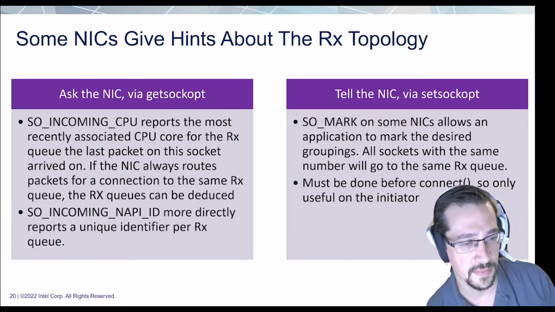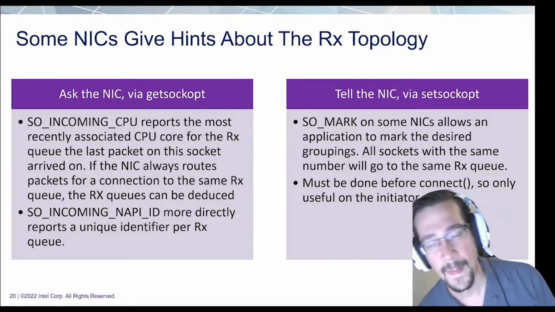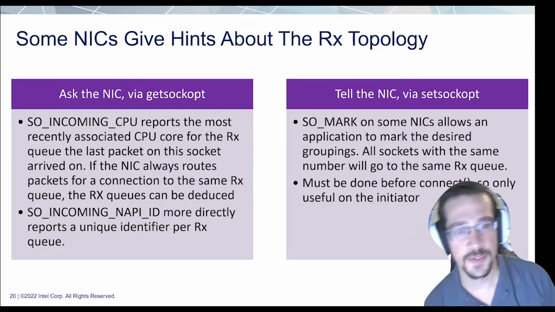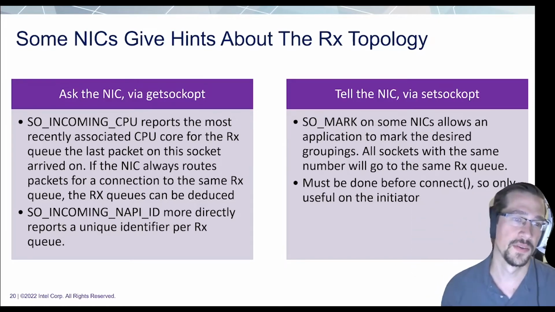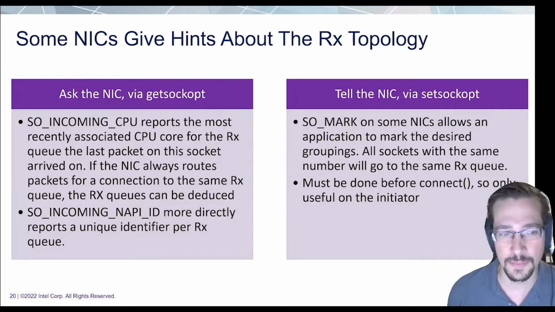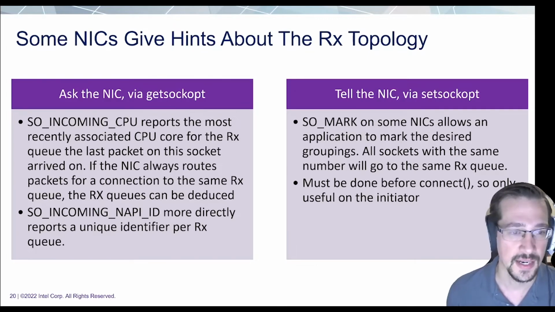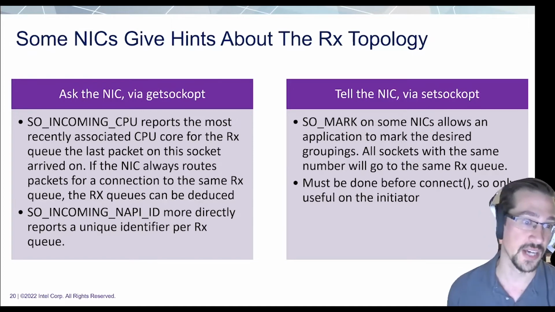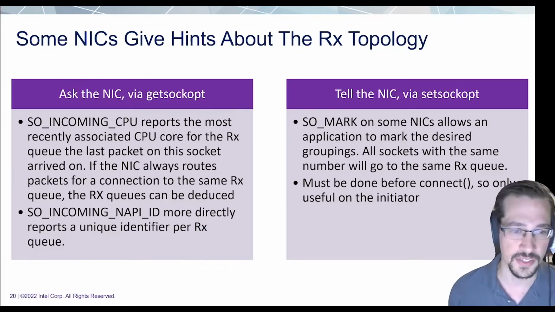One is SO_INCOMING_CPU, and the documentation is not entirely clear about exactly what this means, but I know in practice on several NICs, it's the most recently associated CPU core for the RX queue. And so if you call this on a newly established socket, it will tell you what RxQ it's assigned to, effectively.